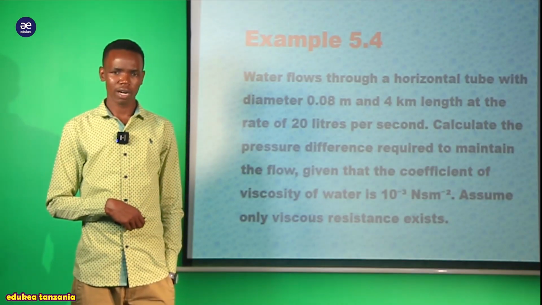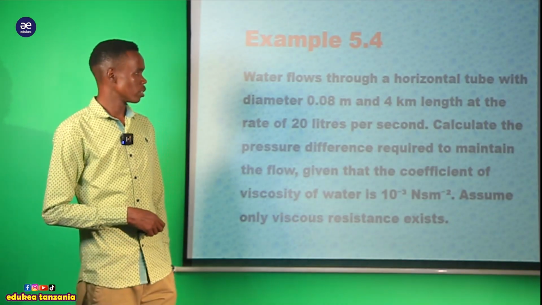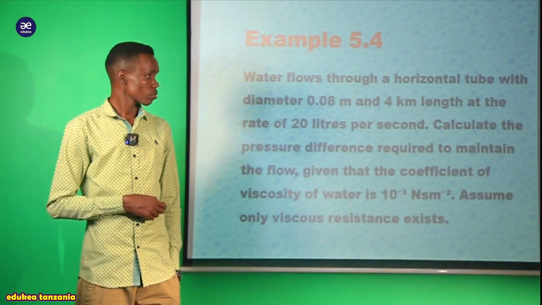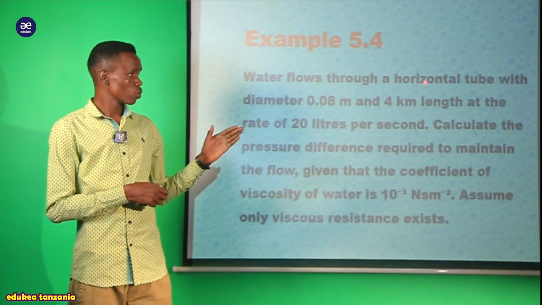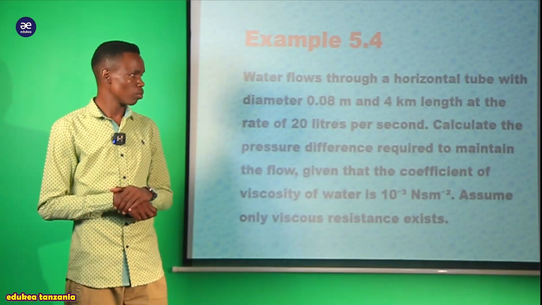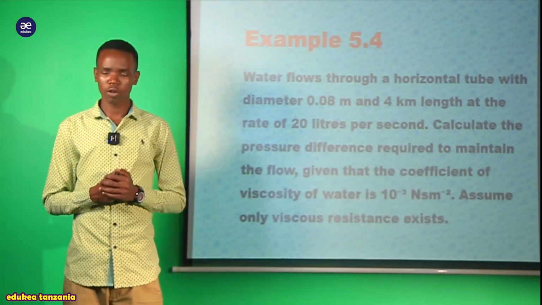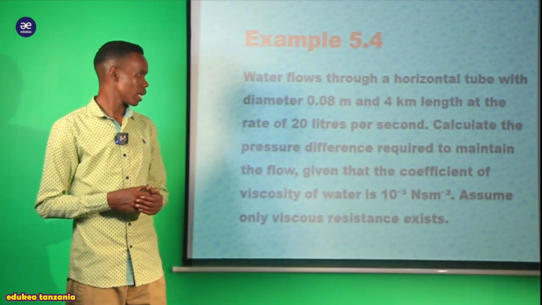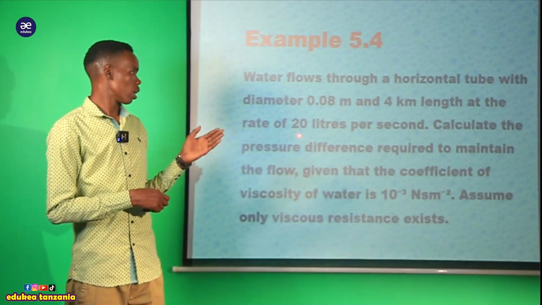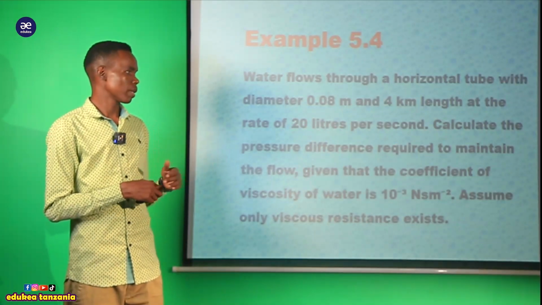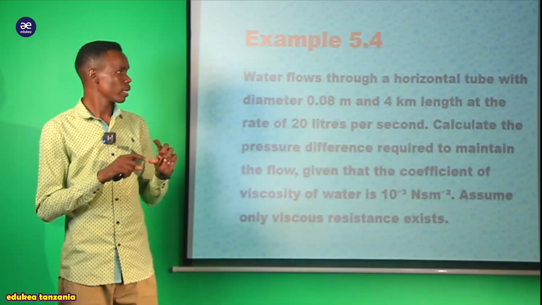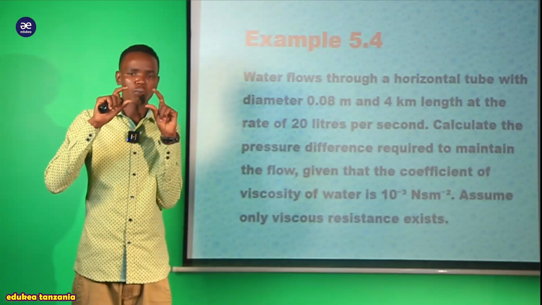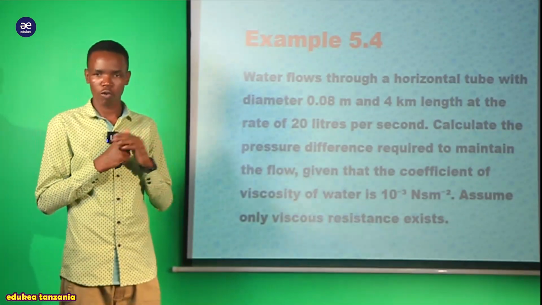This is our example number 5.4. And our example said that, my dear students, water flows through a horizontal tube with a diameter of 0.08 meter and a 4 kilometer length at the rate of 20 liters per second. We have the horizontal tube, and that horizontal tube contains the water.